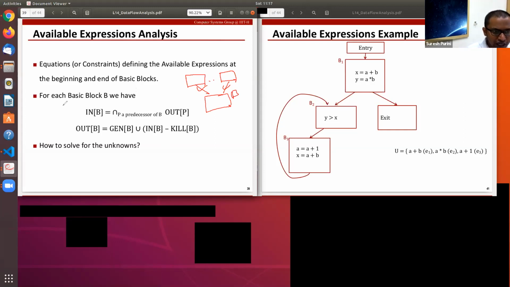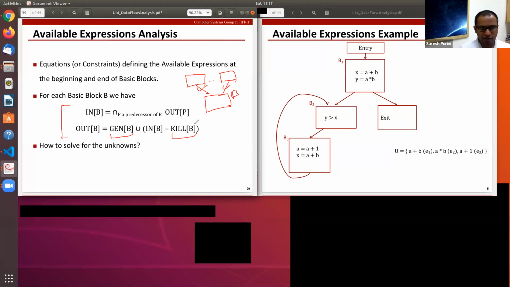So these are the two data flow equations that are associated with every basic block B. And for every basic block B, if you set up these relations, you should know, as I emphasized earlier, these Gen B and Kill B sets are completely a function of the basic block itself. They don't rely on anything else outside the basic block.